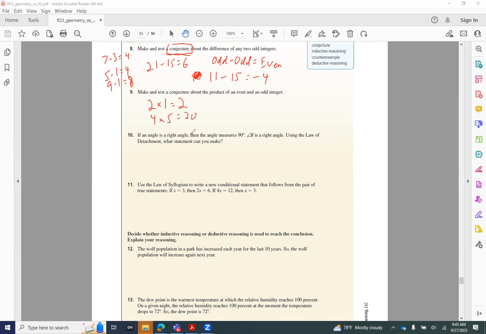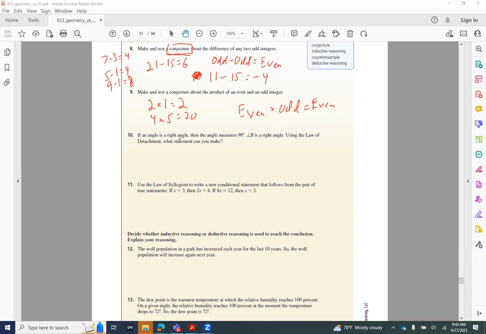That's 20. Again, by going through this, we can say maybe that an even times an odd is going to give us an even integer. Again, we can keep testing it, but I would say even times odd equals even. Because no matter what, if you're multiplying by an even number, an odd number, you'll always get an even number. All right.